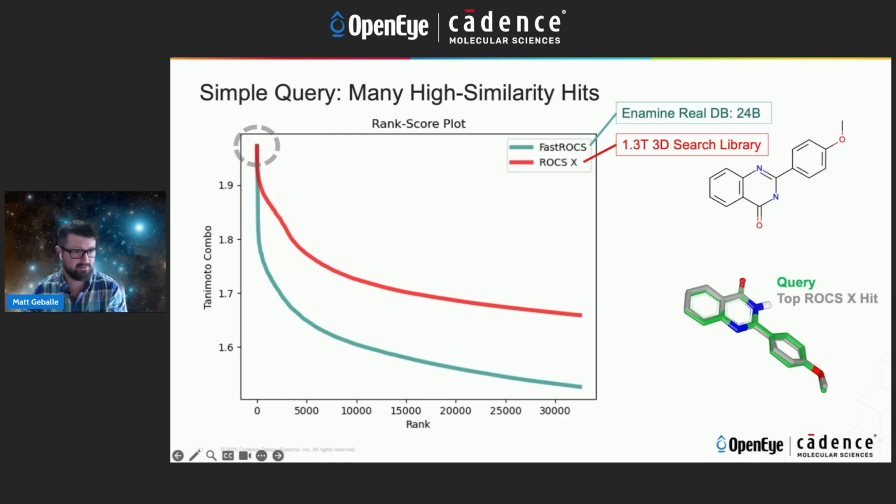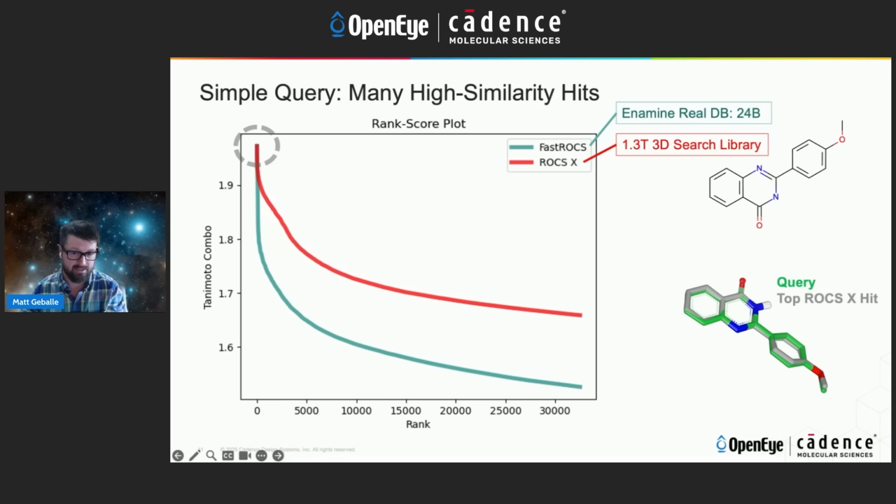And we didn't know this when we chose this query, but this query molecule is actually present in both the enumerated REAL database and in our 1.3 trillion molecule product space. Both FastROCS and ROCS X find the query molecule in the library and put it right at the top of the hit list with a tandem-modal combo close to 2.0.